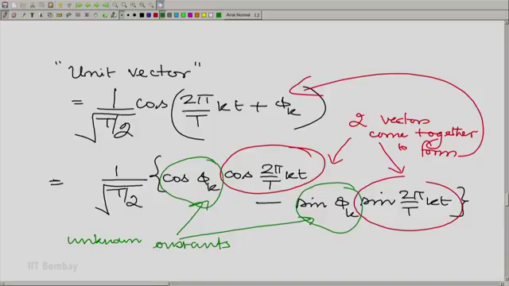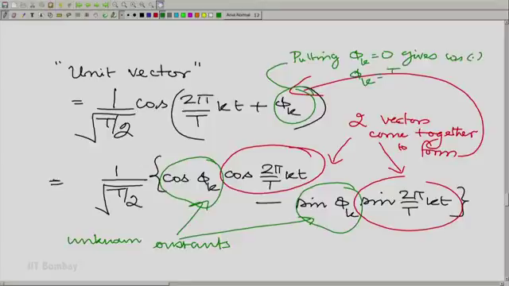So, what I am saying is, I do not need to work again to find a unit vector. I already have the unit vector with me. Look at the expression here. In this expression, putting phi k equal to 0 gives cos, putting phi k equal to pi by 2 gives sine. So, I do not need to find the unit vectors separately.